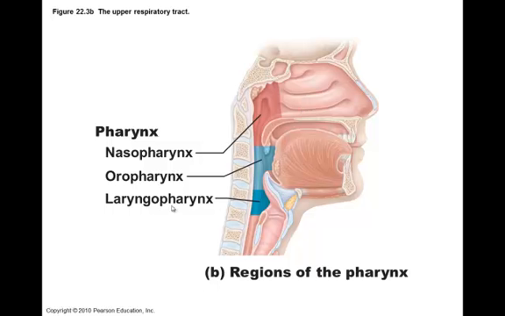Your laryngopharynx starts when we get in front of the larynx. So it too is a common passageway for not only food, because food is going to go down this pathway, but also air. So we still want this lined with stratified squamous epithelium as well. So up here we had pseudostratified ciliated columnar epithelium, but then we have to switch over to stratified squamous, and we continue on with the stratified squamous.